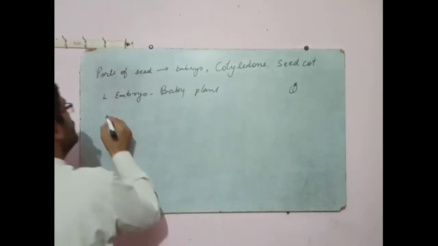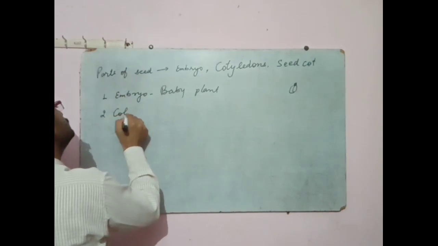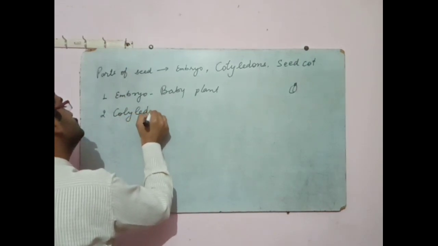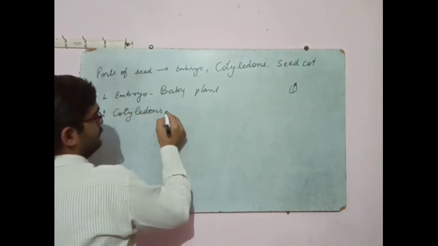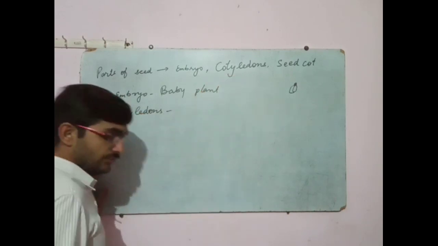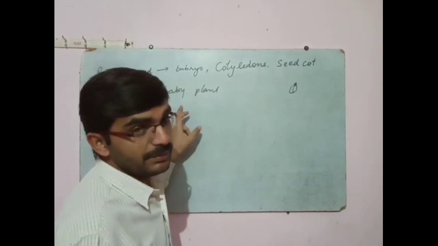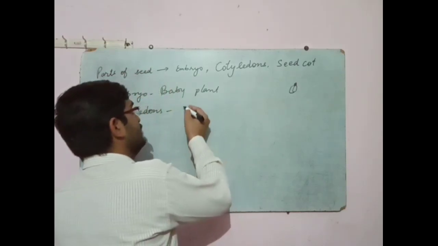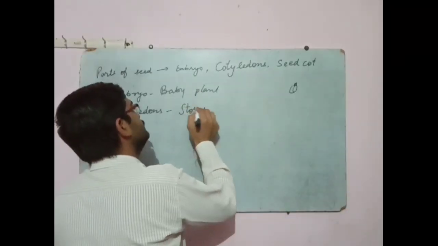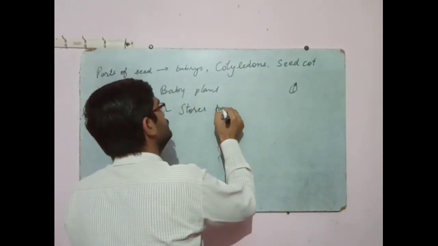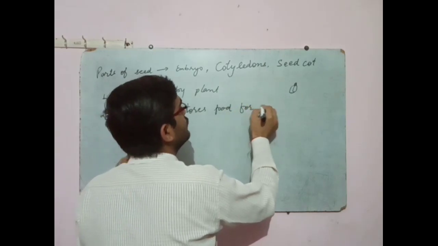Next is cotyledons. Cotyledons store food for the developing baby plant or embryo. What is the function? Stores food for baby plant.